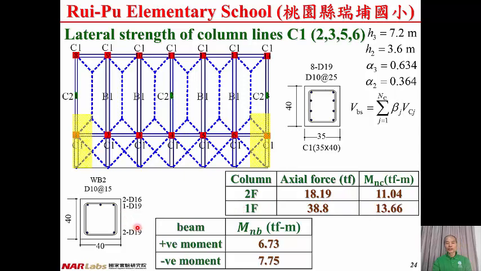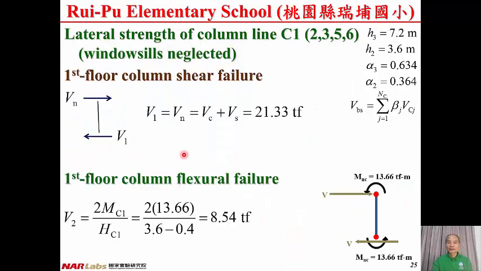We can also have the positive moment strength of the beam and negative moment strength of the beam equal to 6.73 and 7.75 respectively. From the information of the moment strength and shear strength of the column and also the moment strength of the beam, then we can find out the lateral strength under different failure modes.